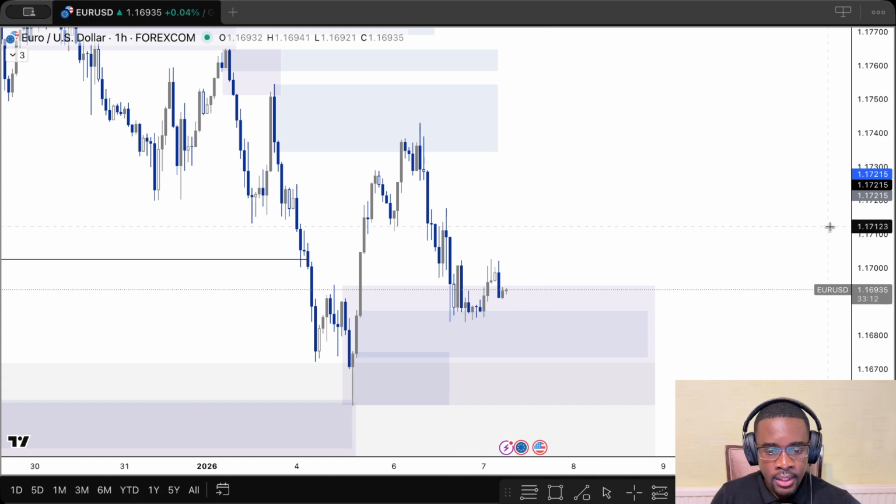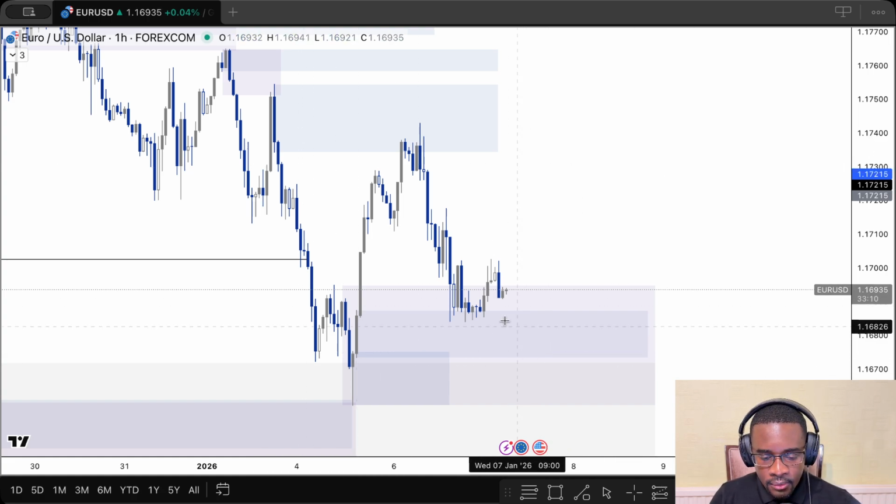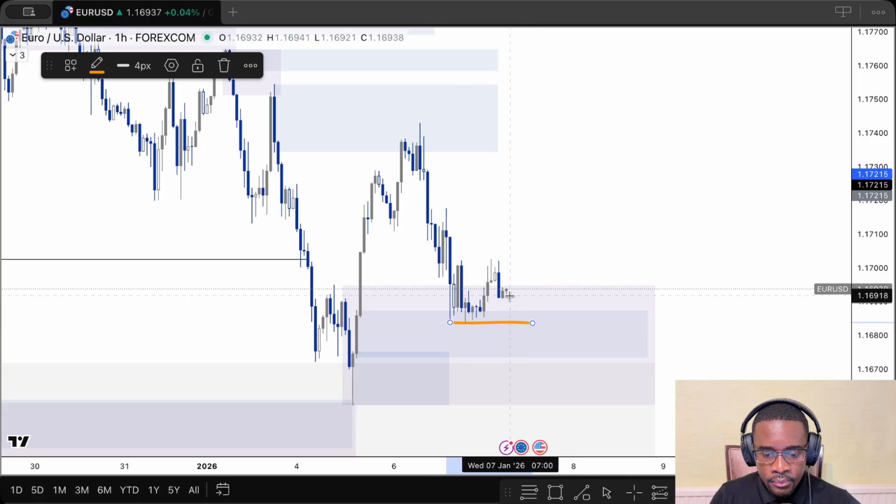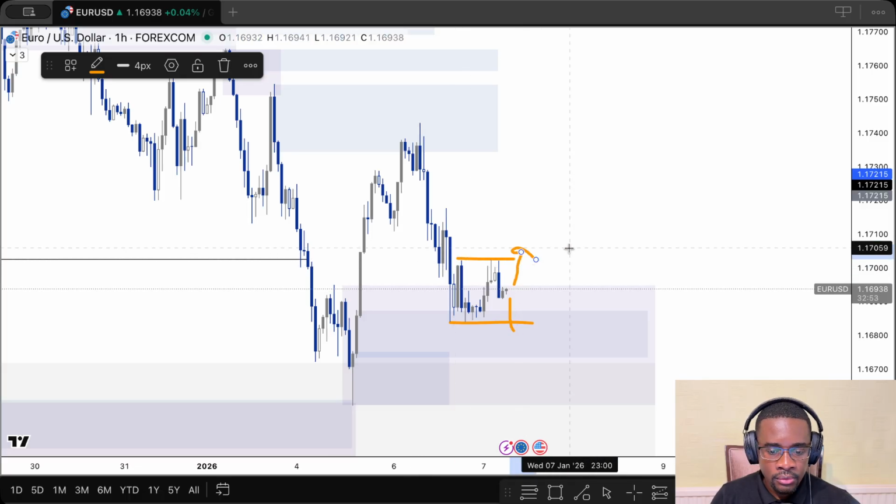So whilst we're maintaining a bullish bias, right now we should be waiting either for price to come lower, sweep these lows and then come up, and then we have a change of character or a break of structure.